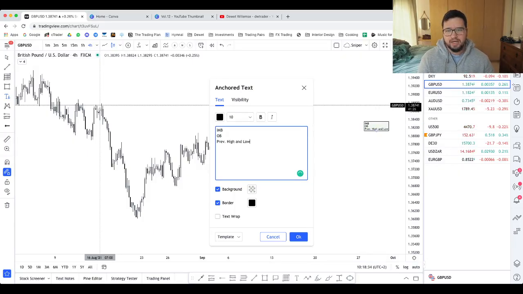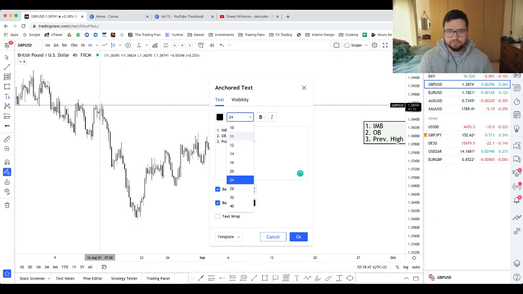Those are the main things that we need to identify, and also in that order. That's also important. Firstly imbalance, then an order block, and then previous high and low.